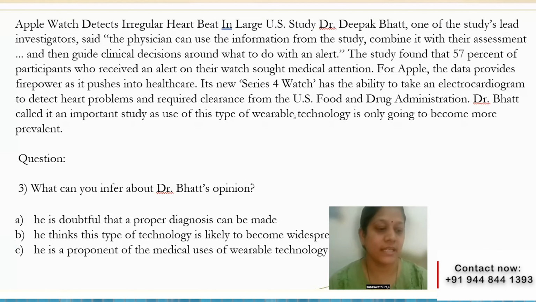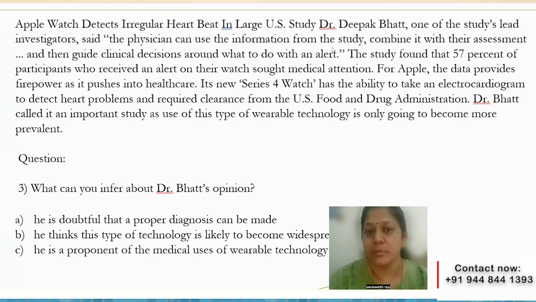Next, they said that investigators say the physician can use the information from the study, combine it with the assessment and then guide clinical decisions. When 57% of people used this watch, the machine gave an alert to seek medical attention. Then for Apple, the data provides firepower. There is a new series watch. Nowadays there is an electrocardiogram to detect heart problems also. They confirmed all this with the Food and Drug Administration.